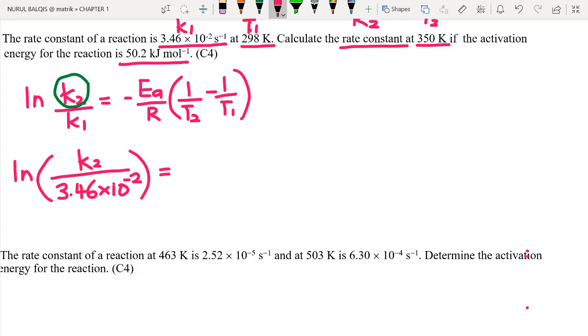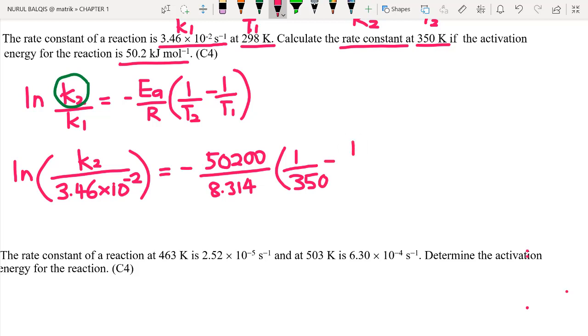If we change this value, you're going to have 50.2 × 10^3 over R, the gas constant of 8.314 J per mole per K. That's why we have to change it to joule first instead of kilojoule. Then we have 1 over T2, which is 350 Kelvin. You must check here that you use the correct temperature, because sometimes you often mistake it with T1.